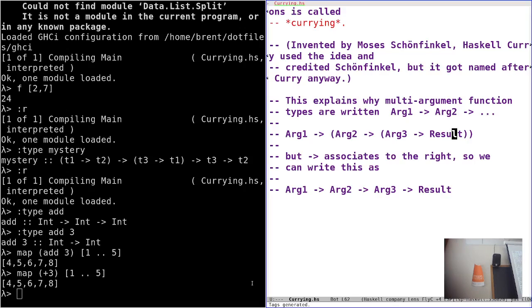And that function that it returns takes an arg2 and then returns a function of this type. And then that final thing takes an arg3 and returns a result.